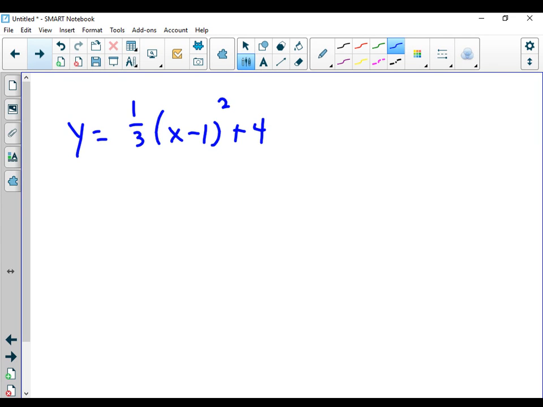Well, the things that we want to have in our sketch, we want to have the vertex in the correct location. We want to have the correct orientation. Is it opening up? Is it opening down? And we'd want to have whether that has been stretched vertically or whether it's been compressed vertically.